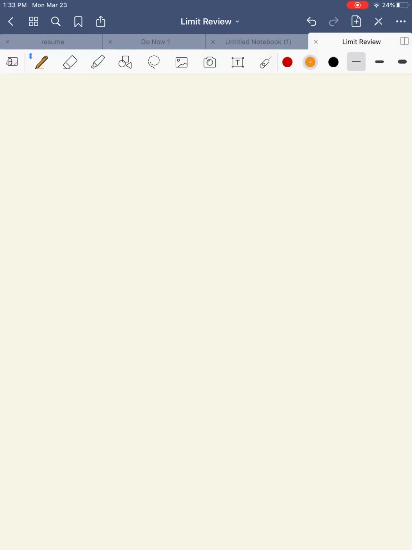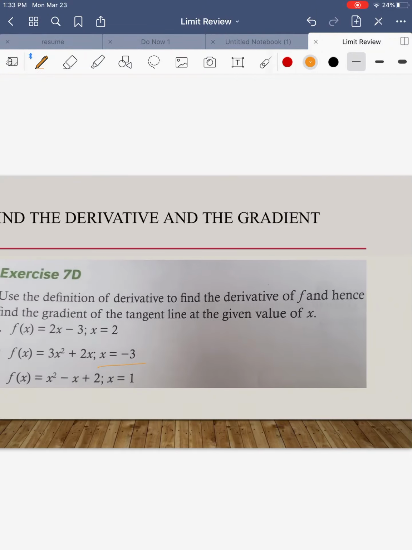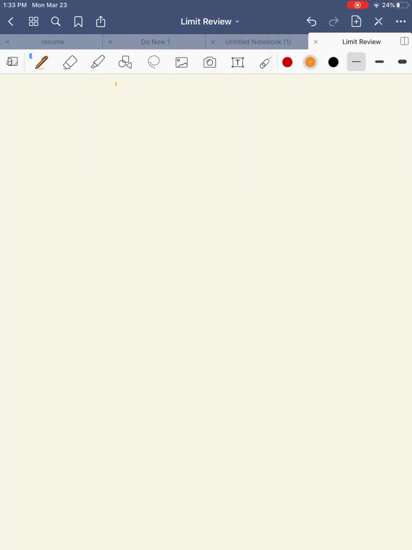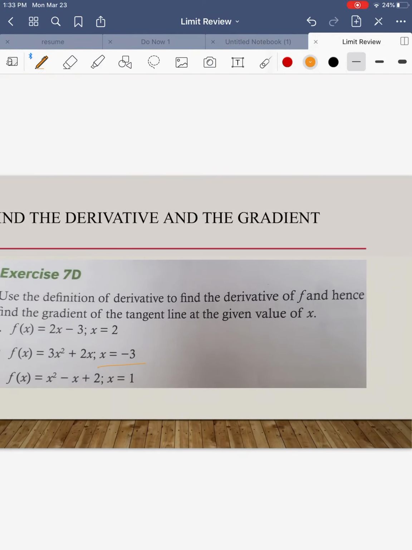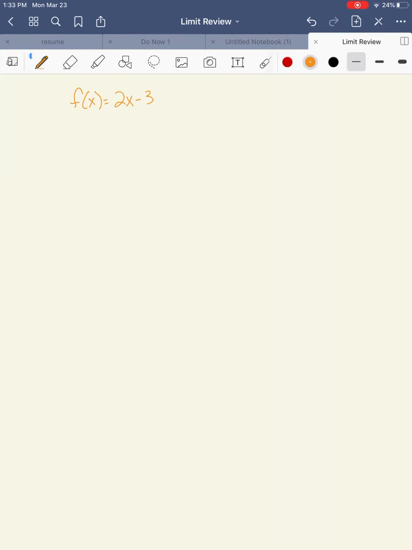Find my gradient equation for 2x minus 3. And then we're going to find the slope of the line at x equals 2. Alrighty.